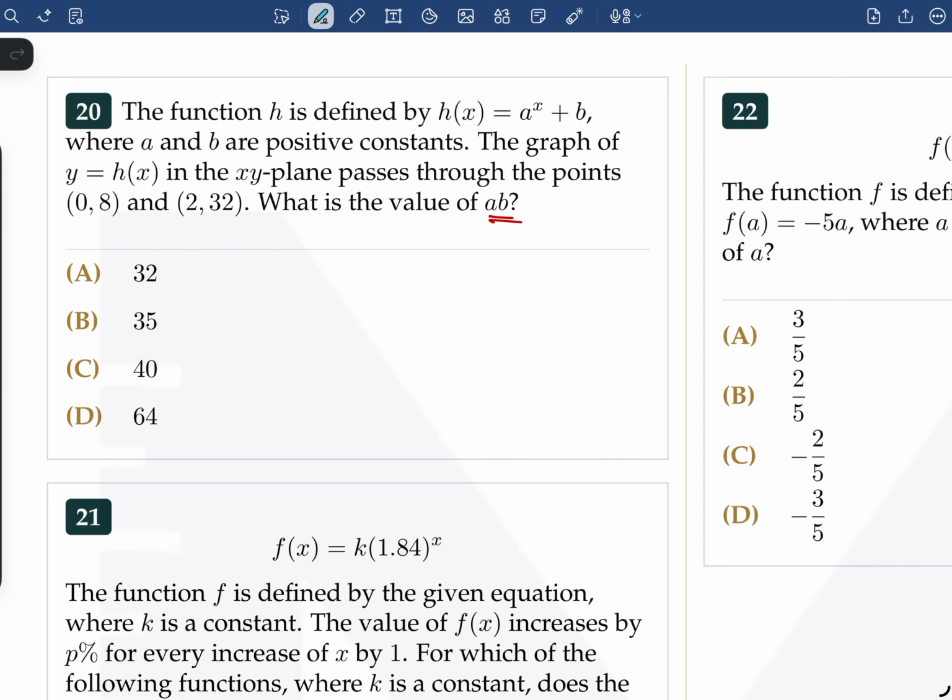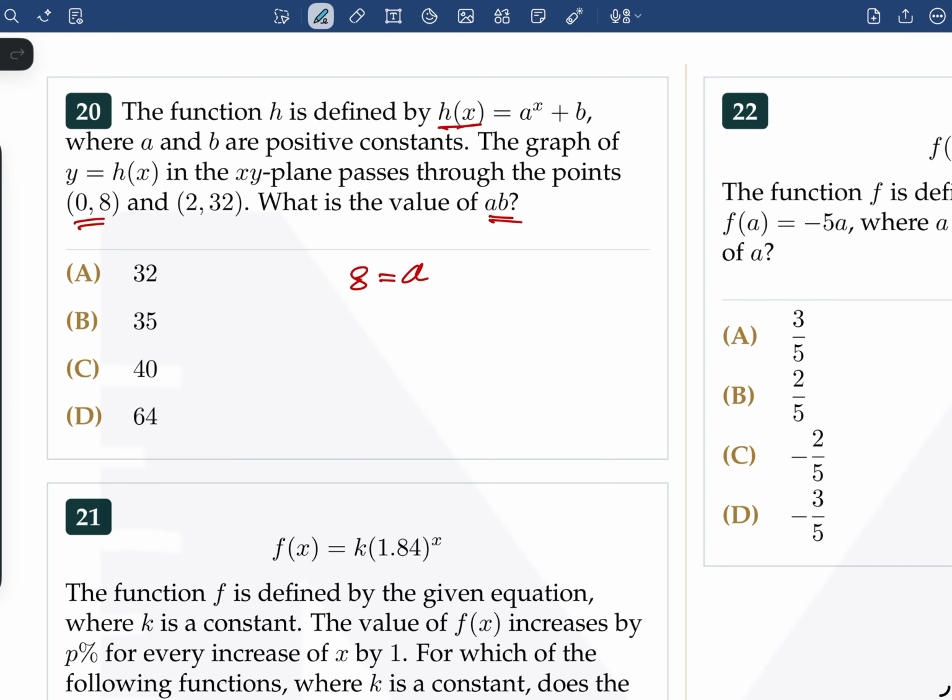ab means you have to get a and b and then multiply them together. How can we use these points? Just substitute. h is the y value and x is the first value. So we can use the first point maybe to get the value of b. So instead of h of x, we write 8.